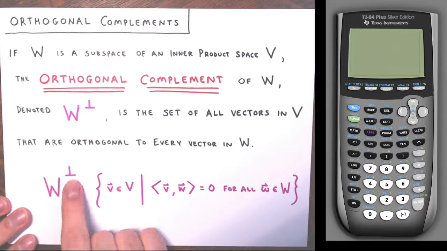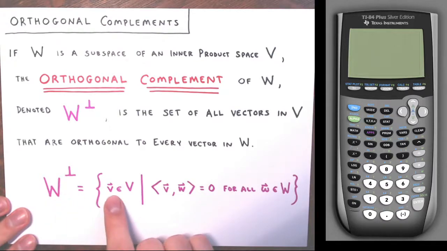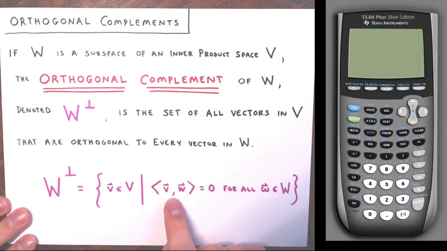The orthogonal complement of W is all the vectors v in V, such that the inner product of v with w is 0 for all vectors w in W.